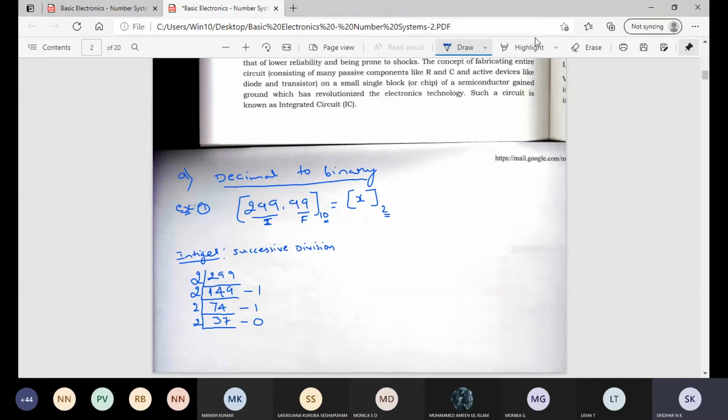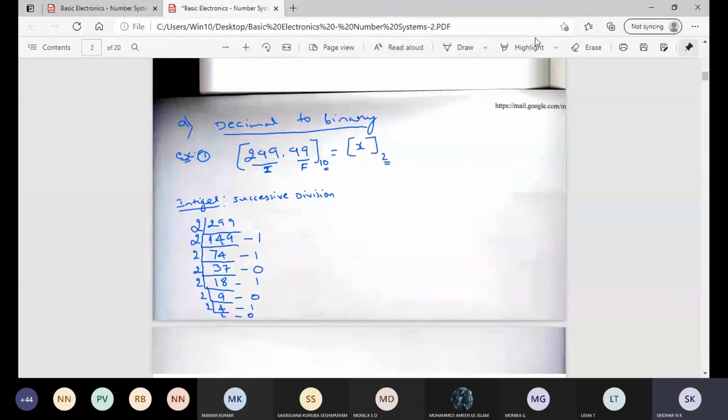Okay, 37 divided by 2, it is 18 times it goes, and the remainder is 1. Again divide by 2, 9 times, remainder is 0. Again 4 times, remainder is 1. Again 2 times, remainder is 0.